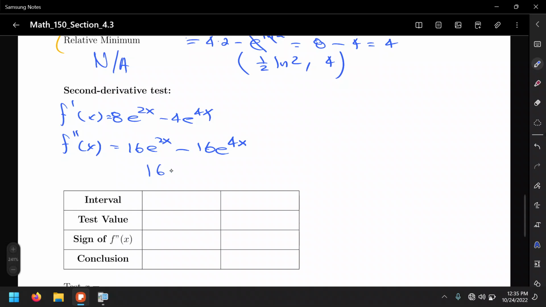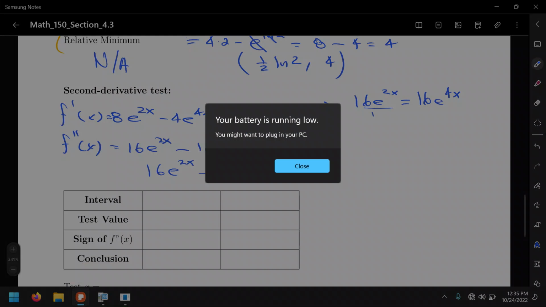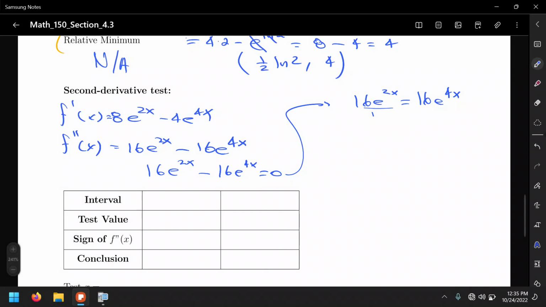So set this equal to 0 to find the critical values. That's 16 e to the 2x equals 16 e to the 4x. We can divide out the 16s.